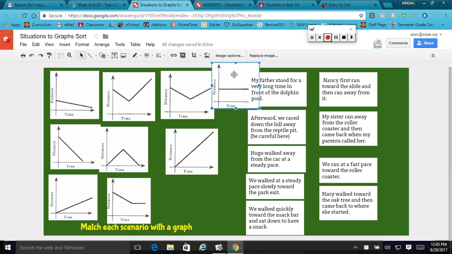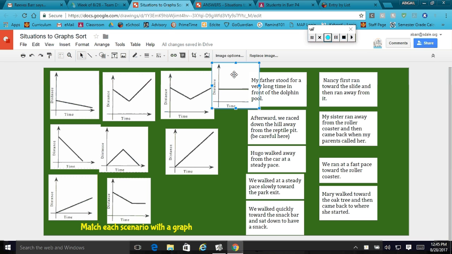Time is always increasing. Okay, what's happening to the distance? We're moving towards something. If I move towards Keston, what's happening to the distance between me and Keston? It's decreasing, right? If you walk towards something, your distance from that object or person or place is decreasing.